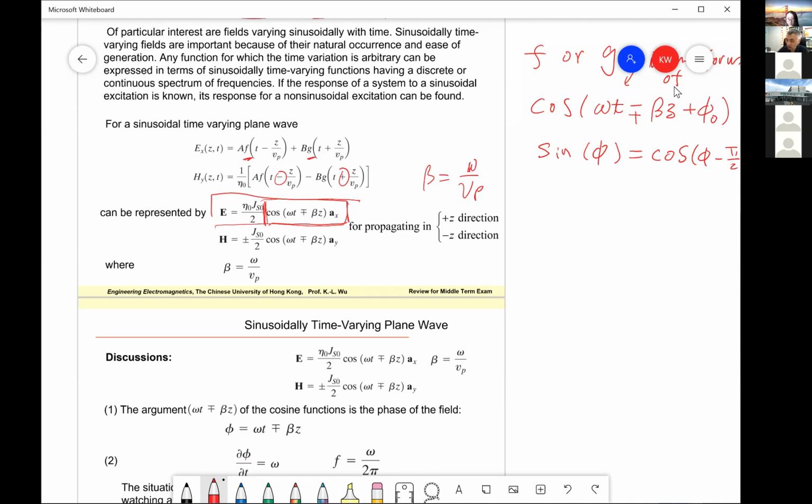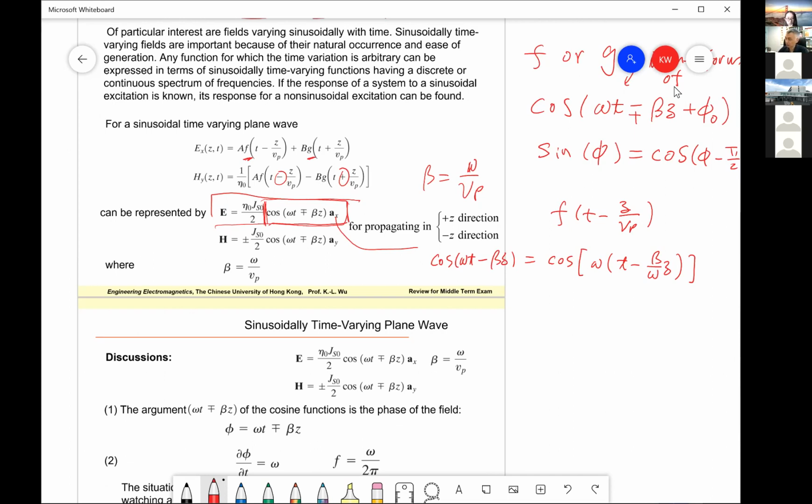Beta is just omega over v_p, because the term cosine omega t minus beta z, I can write as cosine of omega times t minus z over v_p. If you compare this to f of t minus z over v_p, you see that if this is a function of t, omega t is also a function of t.